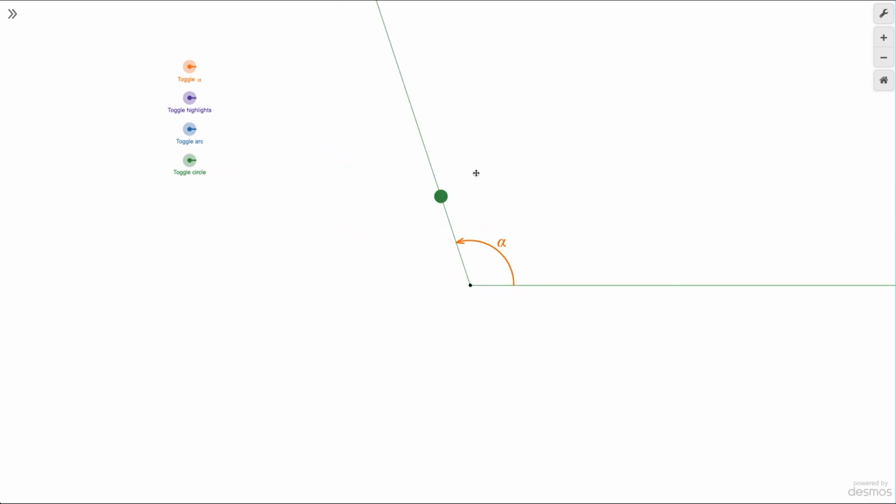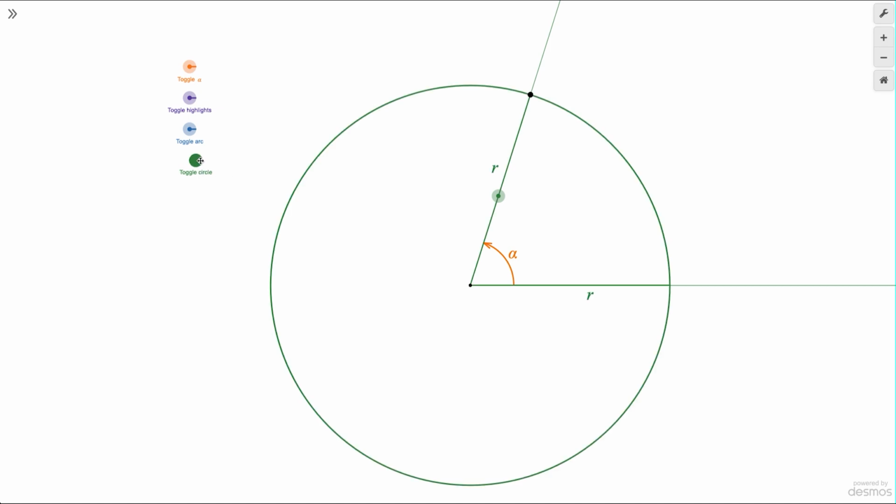Now, the unit of measure that we use most often in math and sciences is the radian measure. For radian measure, hopefully you hear the word radius in there. I'm going to build a circle that is centered at the vertex of our angle. We're going to talk about the arc subtended by this angle and ask how many radius lengths are covered in that arc.